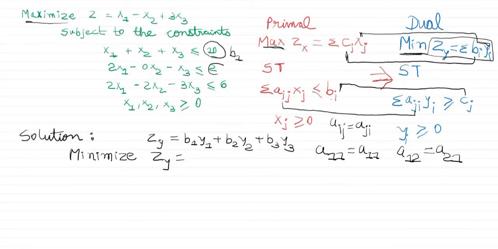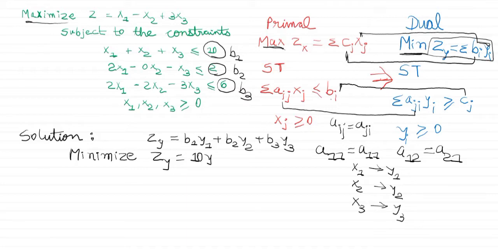This is our b1, this is our b2, and this is our b3, because Cj is replaced by Bi, and we'll write x1 as y1, x2 as y2, and x3 as y3. So this will become minimize zy is equal to 10y1 plus 2y2 plus 6y3.